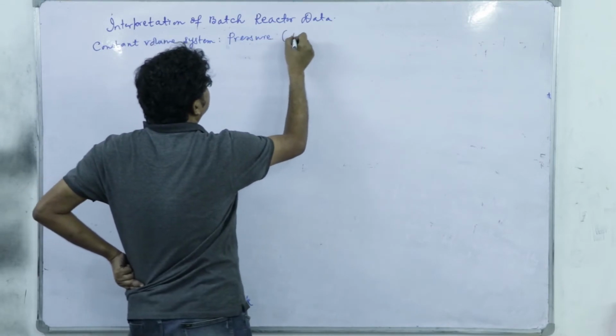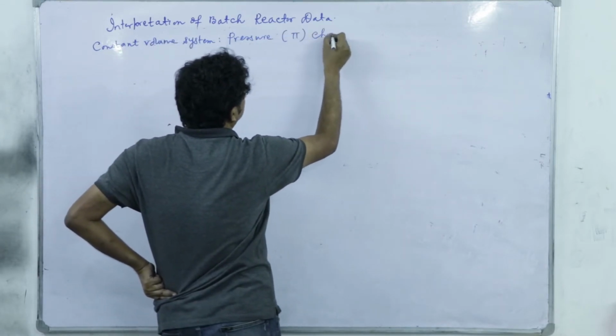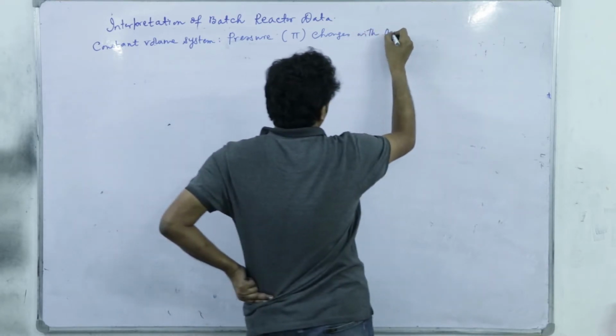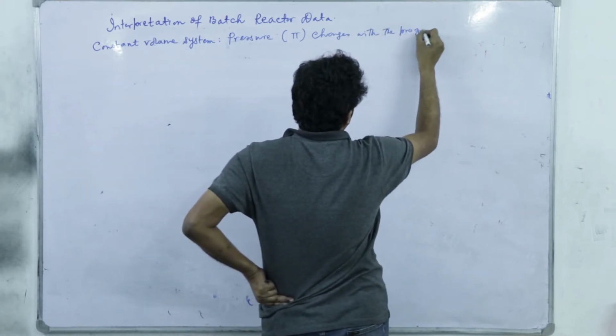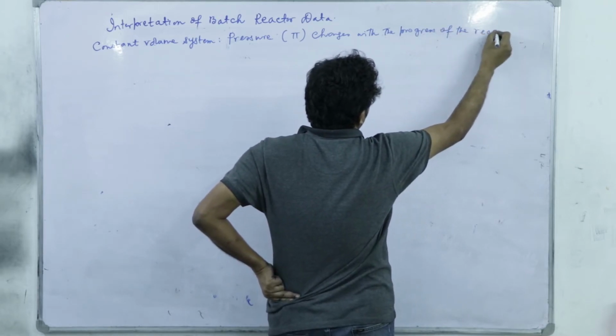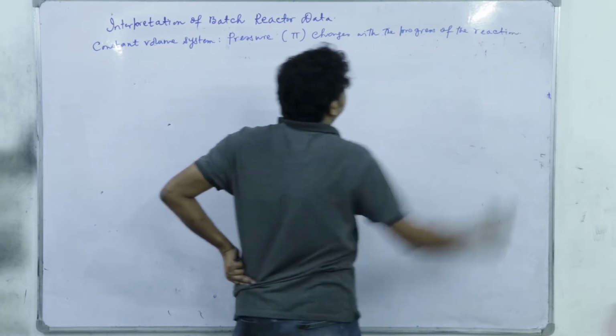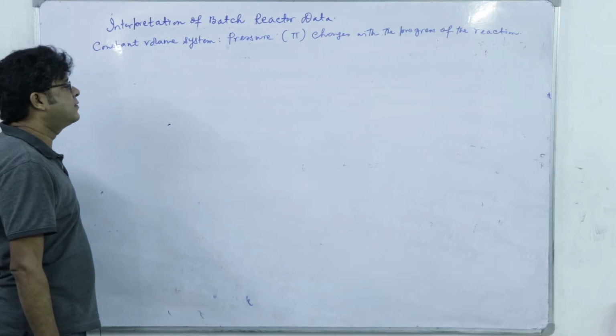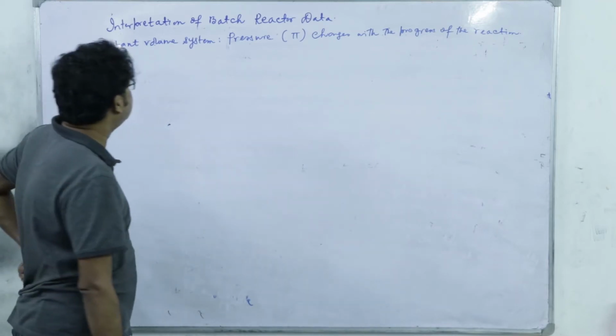Pressure, we represent it in terms of pi, changes with time, with the progress of the reaction rather. So, from this pressure recording, we can actually get the concentration or the partial pressure term.